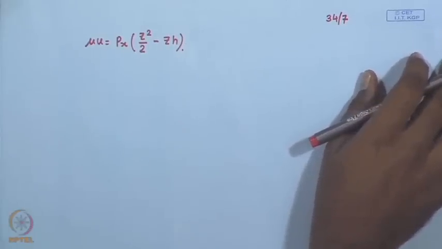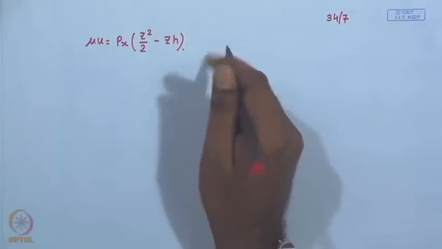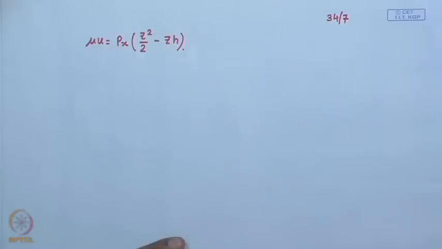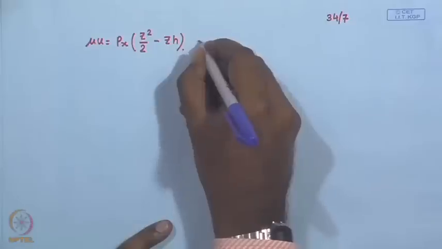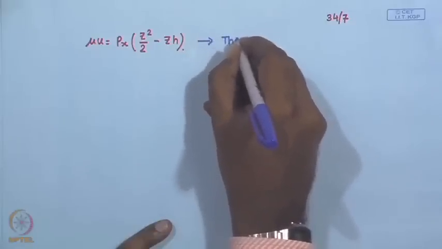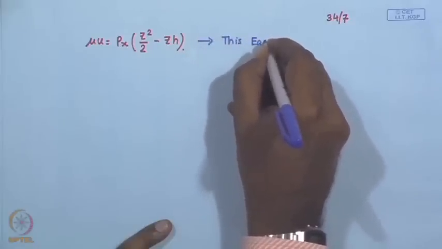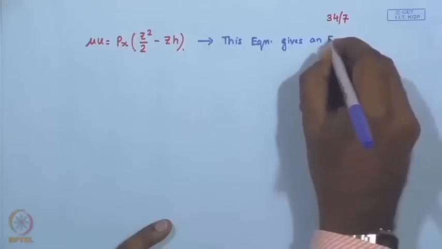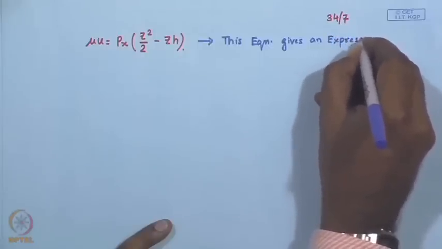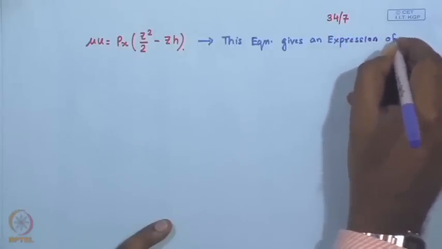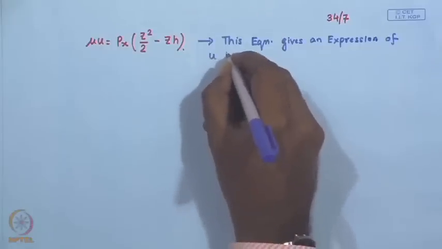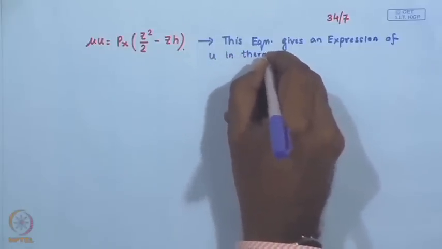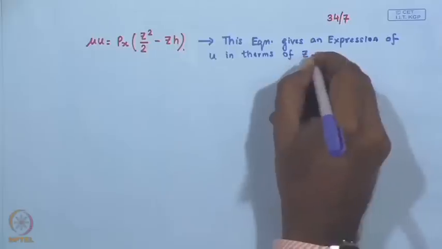Now what we understand is that this equation gives an expression of u in terms of z.